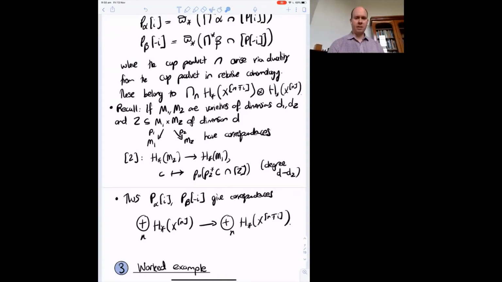I have many uncertainties about this, but one concrete question is that the case of correspondences you've recalled there is where you have an actual subvariety of the product. Yeah. These P alpha i's and P beta minus i's, as you define them, are not obviously of that form. They're not fundamental classes of subvarieties.